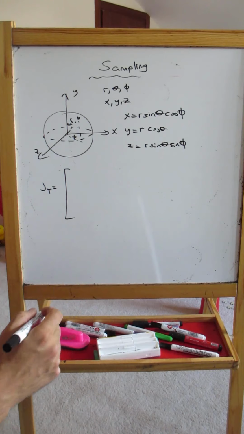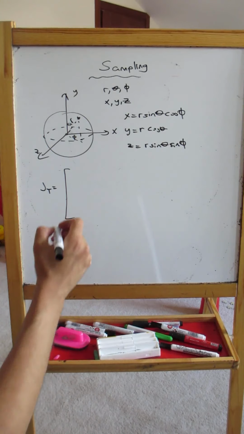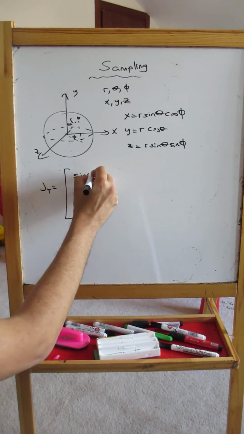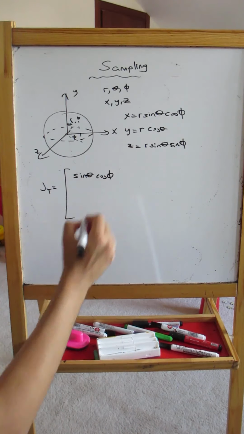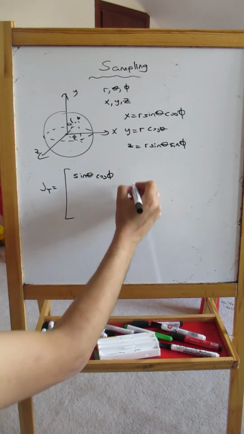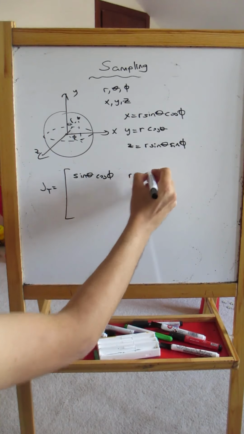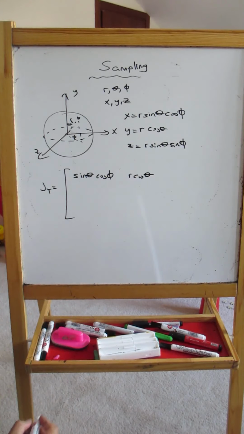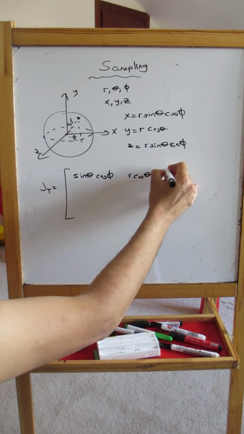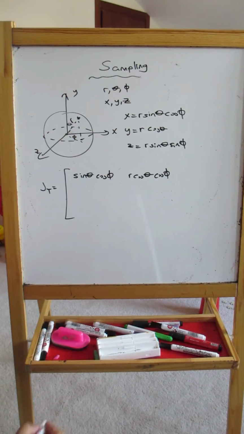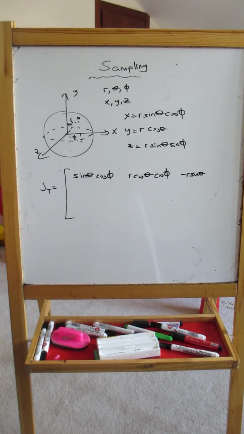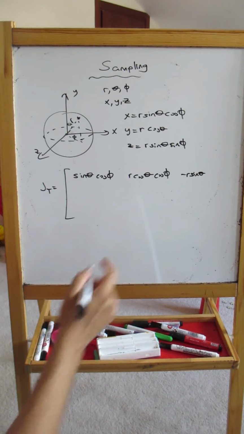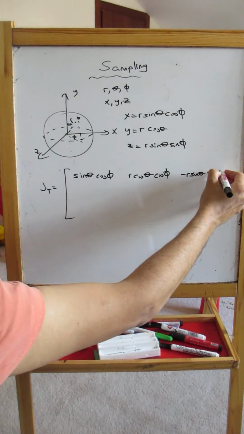So the Jacobian is sin theta cos phi, r cos theta cos phi, minus r sin theta sin phi. This is the first row.